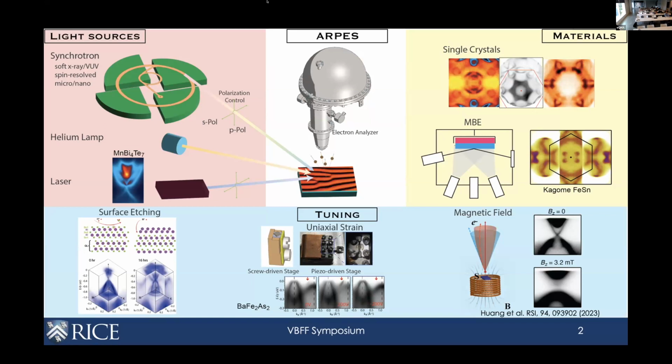And then very recently, we're very excited about this development as we start to look at the possibility of measuring band structures under a finite magnetic field, which until recently was never possible. So I think this is another direction that we're very interested and excited about. Maybe next year, I can show you some results in this talk.